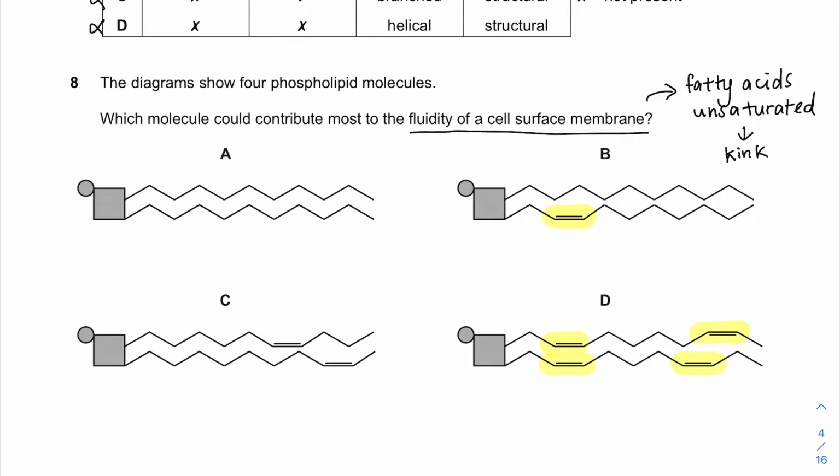So the more unsaturated fatty acids the phospholipid has, the easier to separate, so it would be more fluid. Your answer is D because the fatty acids in this specific phospholipid have the largest amount of unsaturated fatty acid.